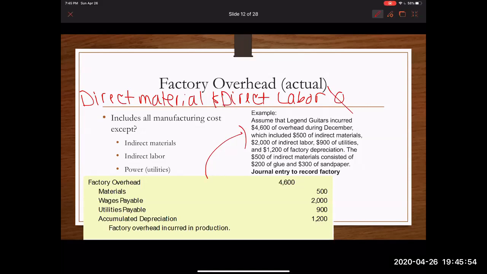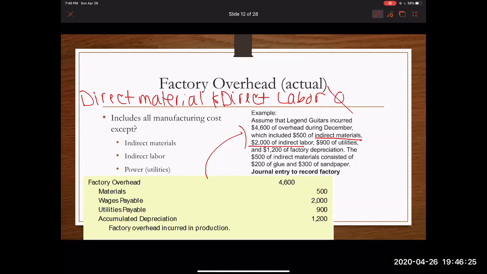Now, what I really want to highlight, because this is a really simple journal entry to work your way through, is that when you have indirect materials and indirect labor, yes, that is the definition, but indirect materials and indirect labor do not have their own account. You would never see indirect labor as an account within a chart of accounts, for instance.